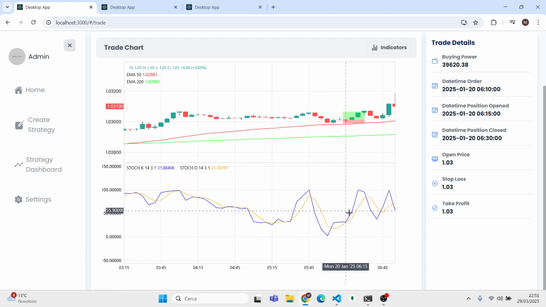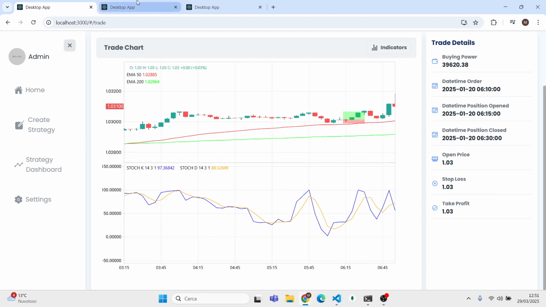In the candle before the position was opened, stochastic K, the blue line, was 13 and stochastic D, the yellow line, was 21, and before that it was 30 and 16. So in this case both lines went above 20, so we can open our long position, and in this case it was a success.